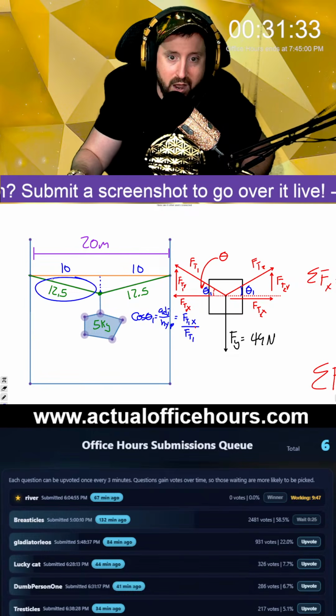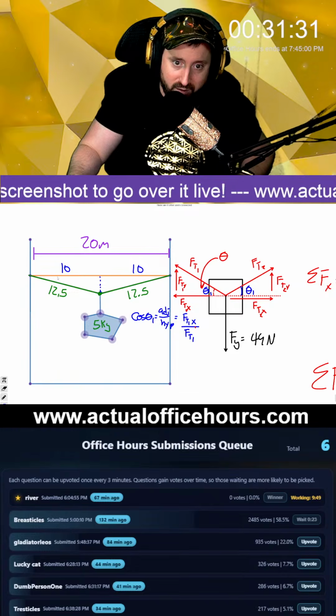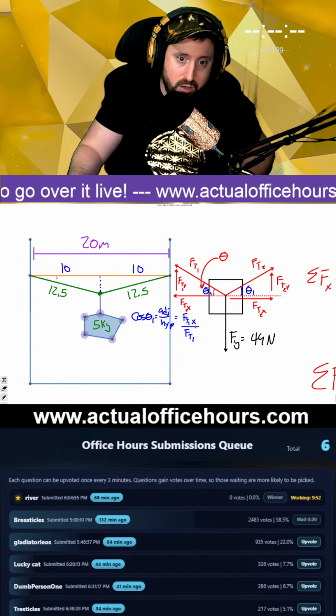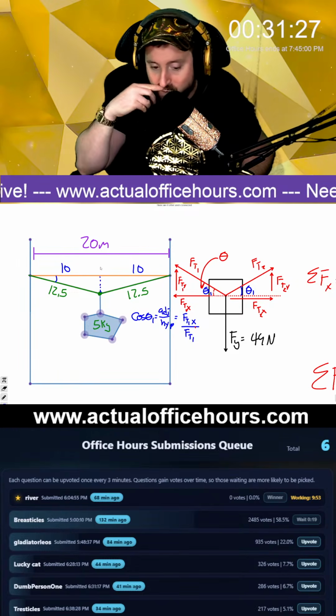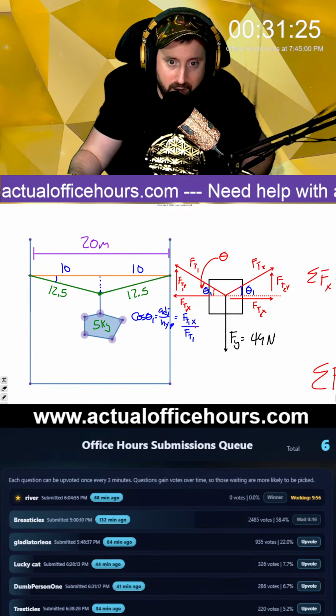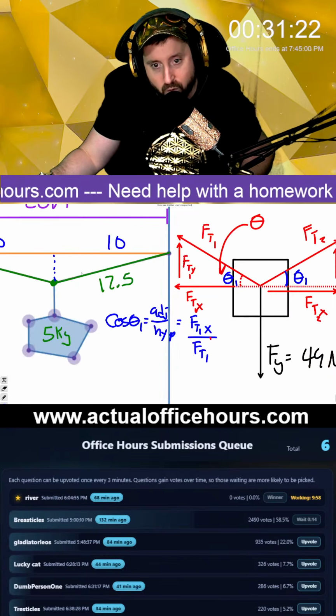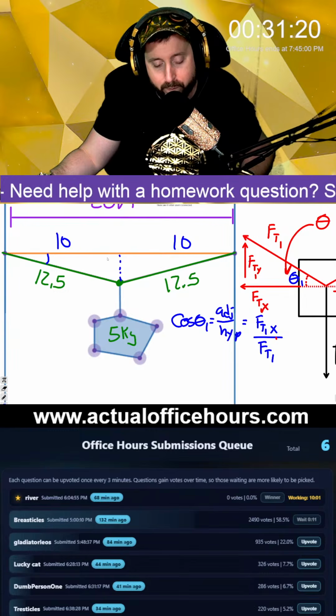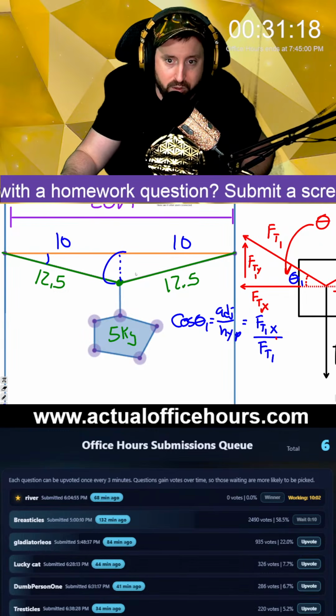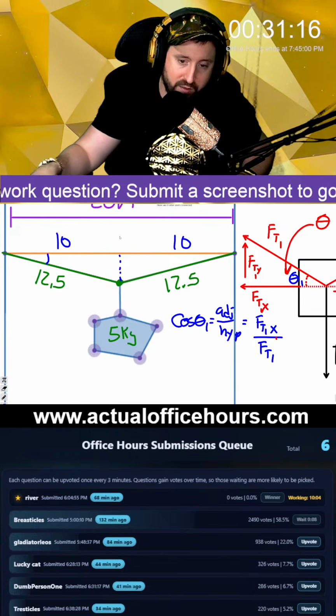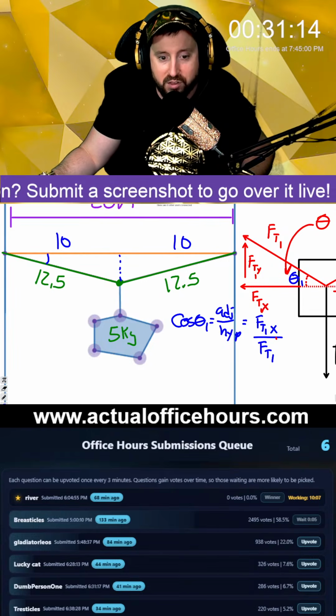The hypotenuse is 12.5. So I could use trig stuff to figure out what this angle is, or I could figure out using the Pythagorean theorem what this height is going to be, because it's the same triangle.